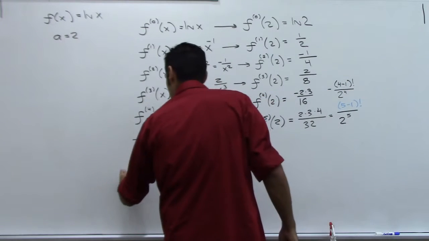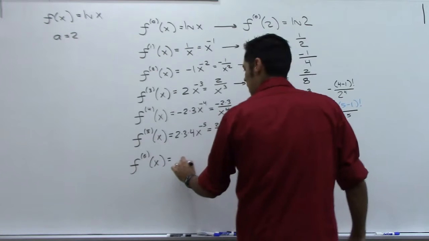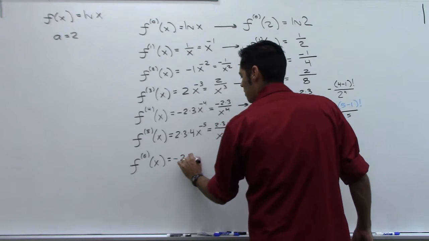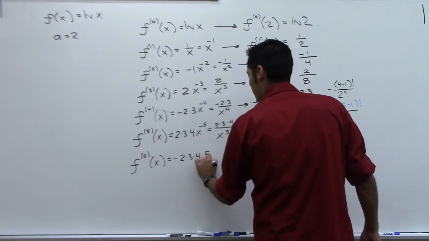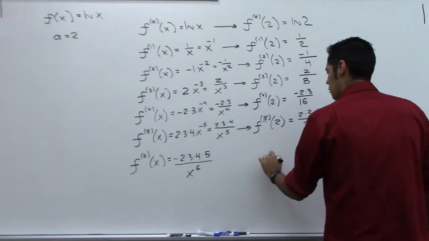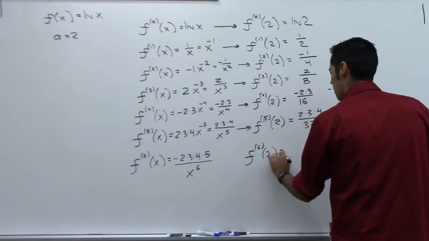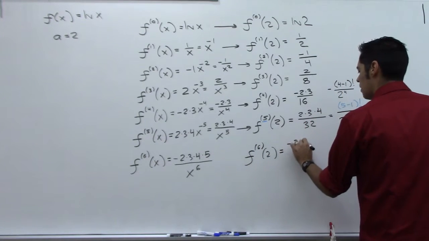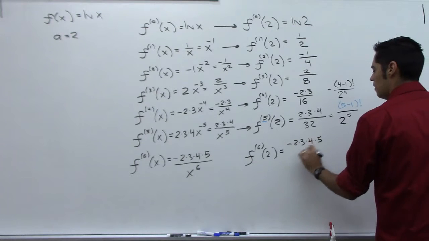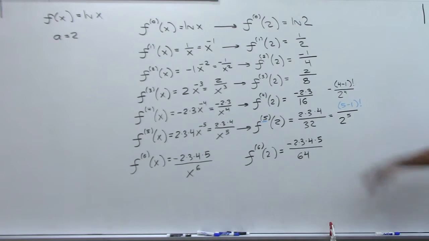If we did the 6th derivative, we would get a negative 2 times 3 times 4 times 5 over x to the 6th. So when we plug in 2 into this, we get negative 2 times 3 times 4 times 5 over 64. You can see it's following the pattern that I just mentioned.